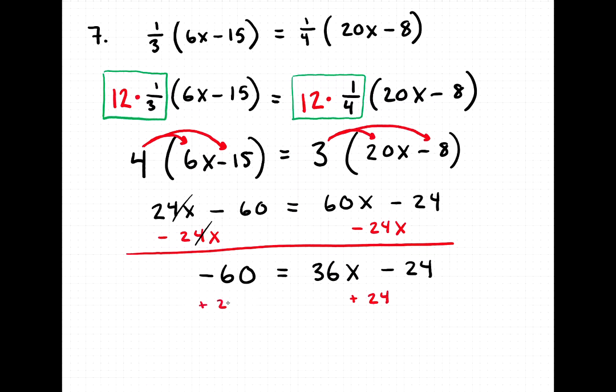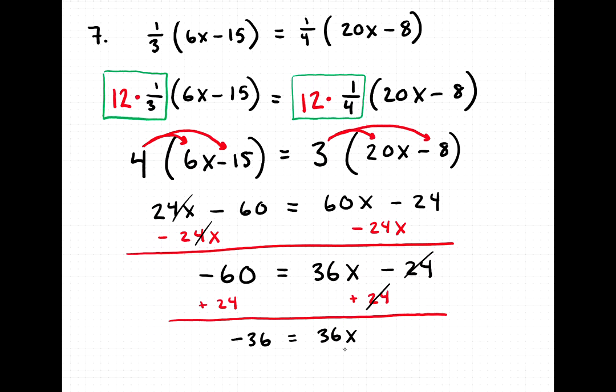So you see we're applying the same 2 steps over and over. To get rid of addition, use subtraction. To get rid of multiplication, use division, and vice versa. So the 24s cancel, 1 plus 1 minus. We have 36 x's on the right, and a negative 60 and a positive 24 will be a negative 36.